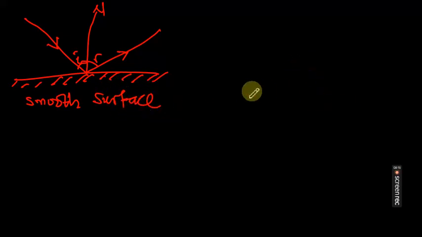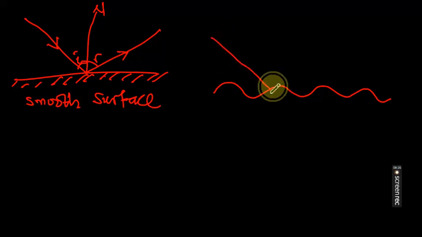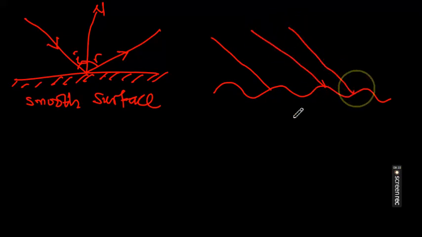Now on the other hand, you can have the irregular or diffuse reflection. This takes place on a rough surface, let's say the surface of a book, something like this. So you have different angles. A ray of light comes in like this, another ray of light comes in like this, another ray of light comes in at this point. Now their angle of reflection always varies.